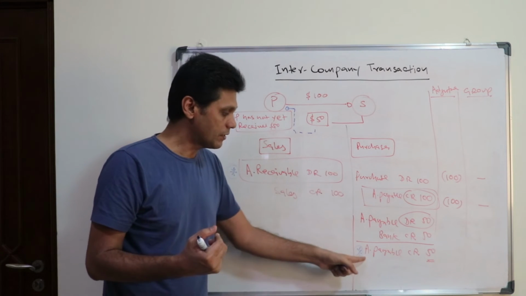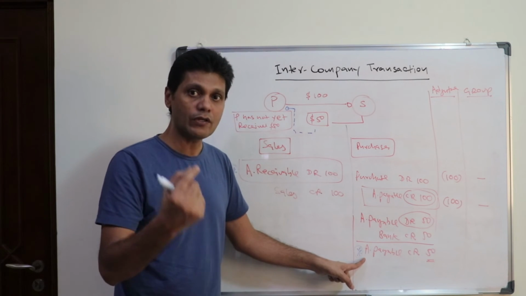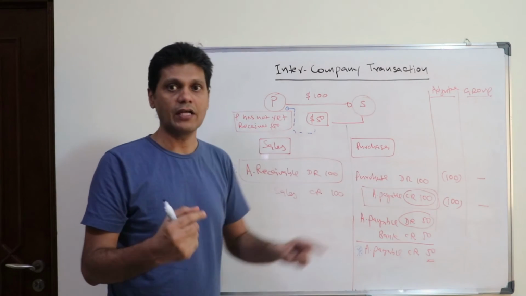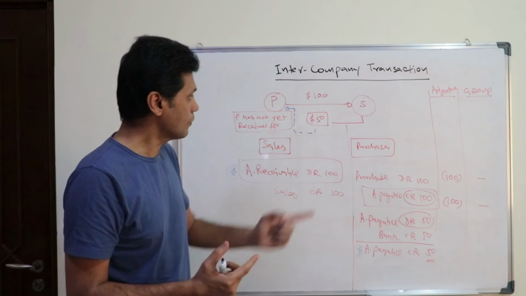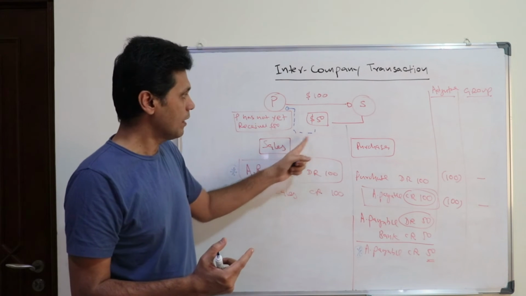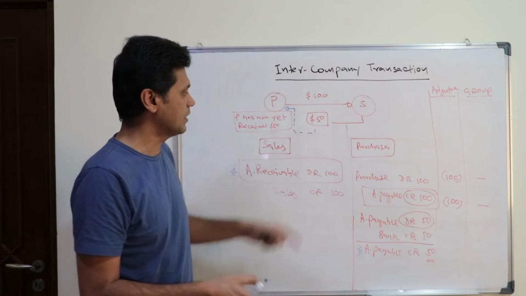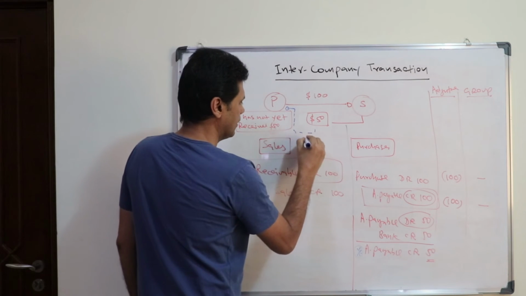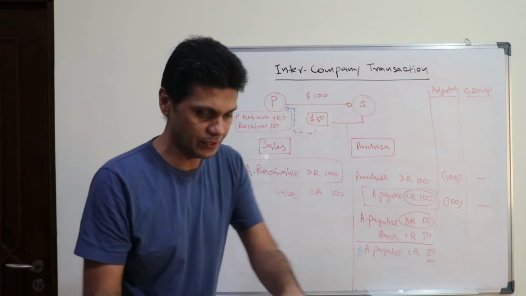When you identify the difference, you have to record that difference in the group financial statements. With regard to this particular transaction, there is cash in transit.